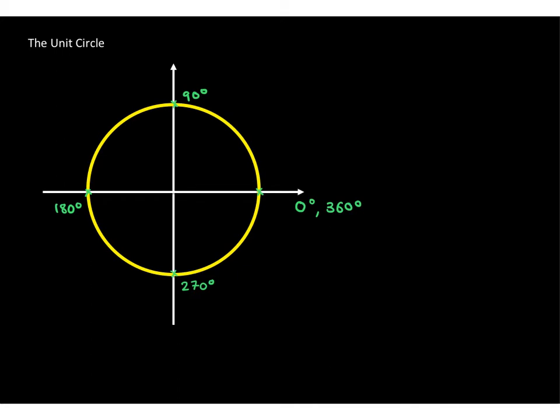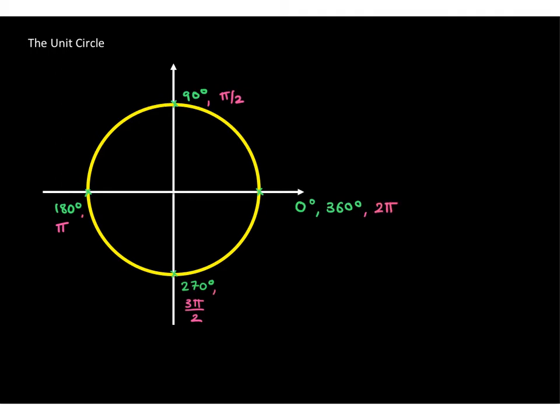Now, if we want to work in radians, 0 is still 0 in radians, but 90 degrees we can express as pi by 2. So a quarter turn represents pi by 2 radians. 180 degrees can be thought of as pi radians, 270 degrees as 3 pi over 2 radians, and then 360 can be thought of as 2 pi radians.